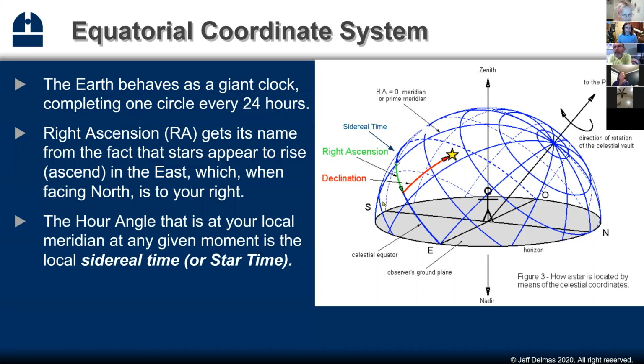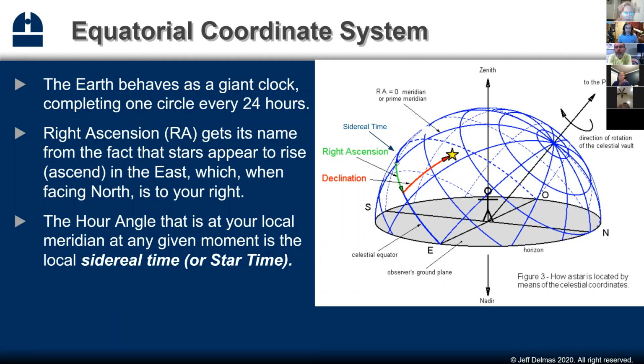So the hour angle that is at your local meridian, and the meridian is the line that connects north to south, projected up into the celestial sphere. So in other words, it's the line that goes straight overhead. That is called your local meridian.